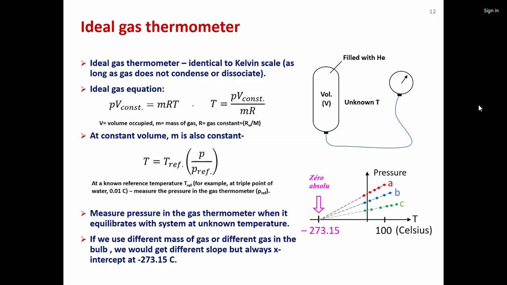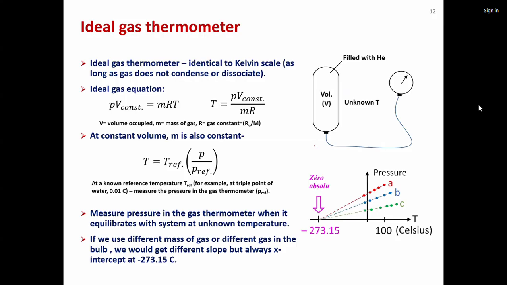So you can write T = PV/mR, and V is constant. So you can write that T/P is equal to a constant, because for a constant mass of gas and gas constant, the whole thing is constant here. So T/P is constant, right?